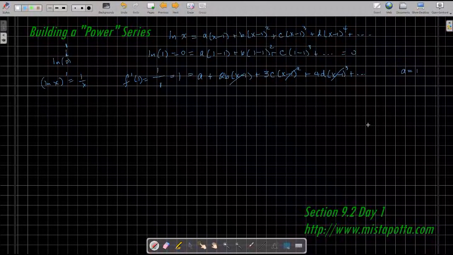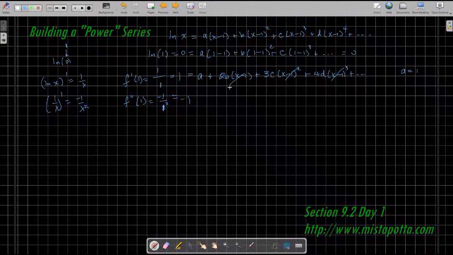If I want to look at the second derivative, the derivative of 1 over x is negative 1 over x squared. So if I try to evaluate the second derivative at 1, I'm going to get negative 1 over x squared, which is really just negative 1 over 1.